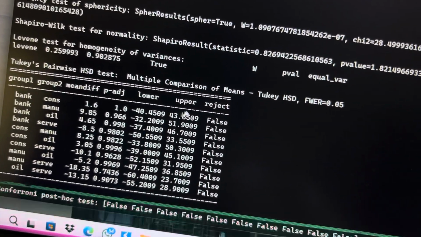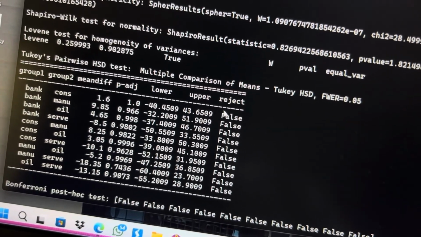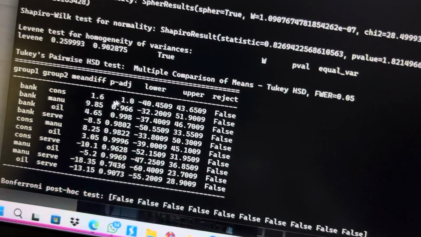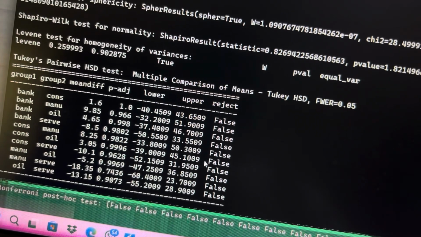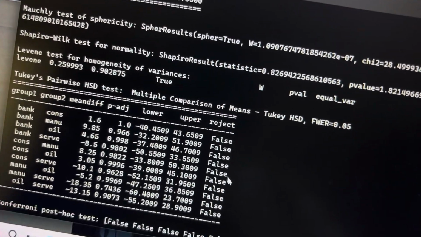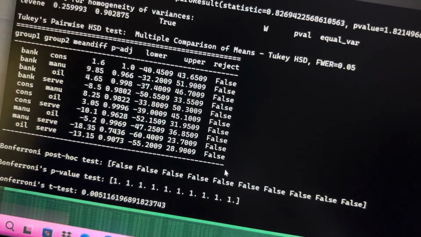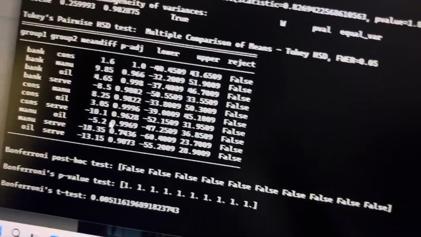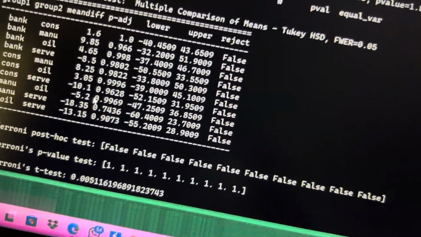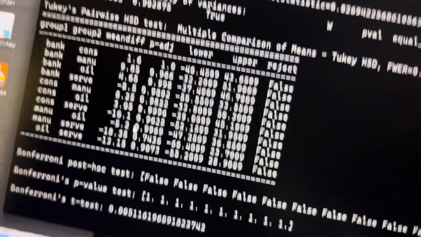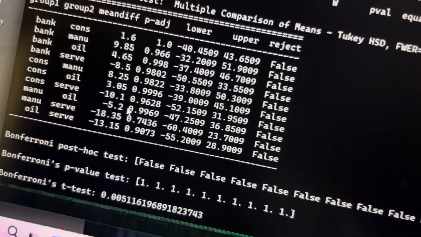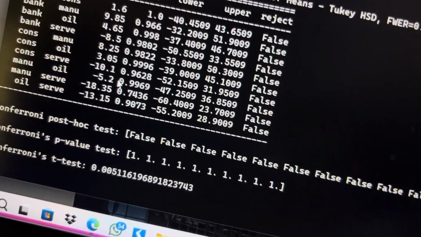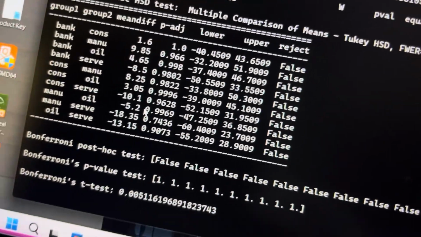It shows that we should not reject, that is, everything that says reject is false, which means we should accept. That is what it means, according to the F statistic, the model fits very well. So all other things are good.